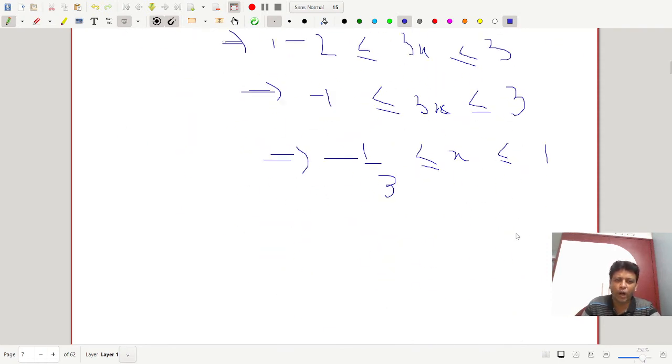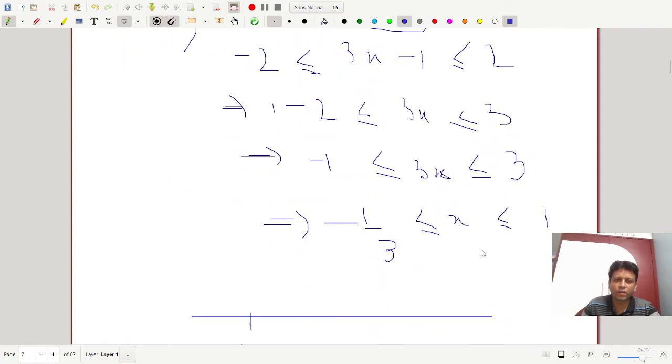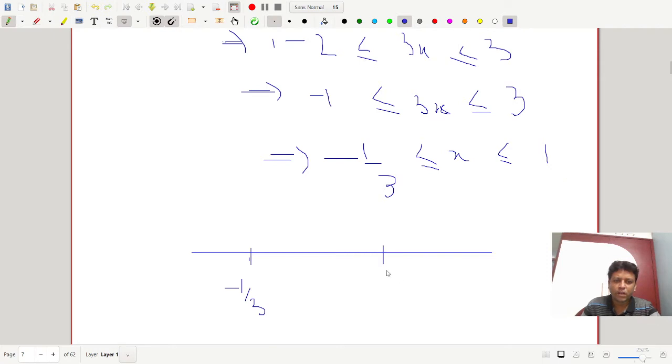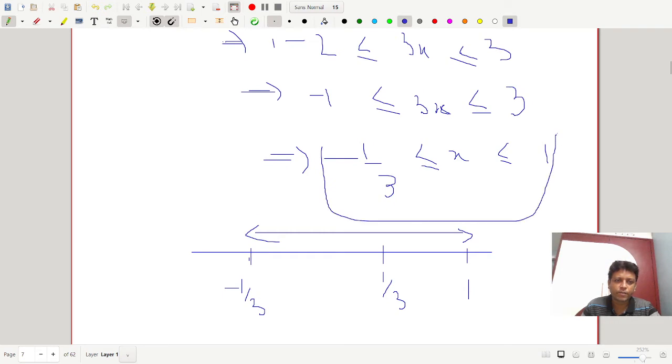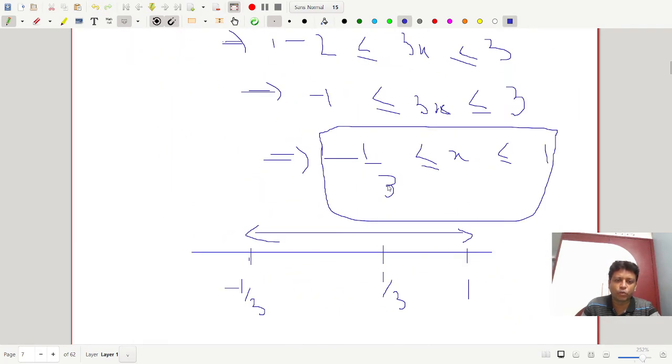So first of all you have x less than or equal to 1/3, and you have minus 1/3 to 1. Let's put them on the number line: this is your minus 1/3, this is your 1/3, and this is your 1. First of all you have minus 1/3 to 1 in this case, and in the other case x less than or equal to 1/3.